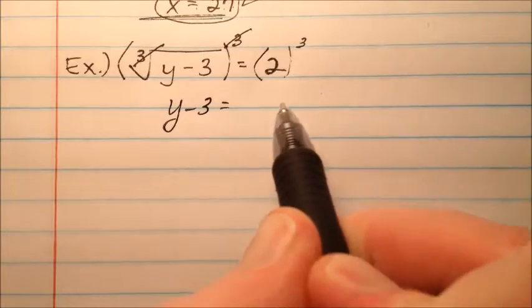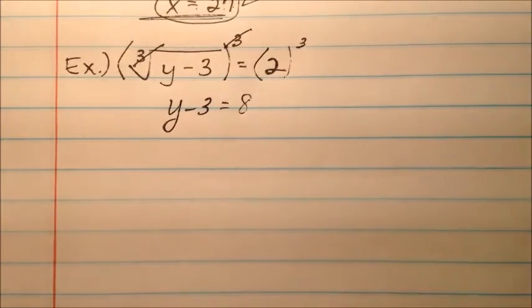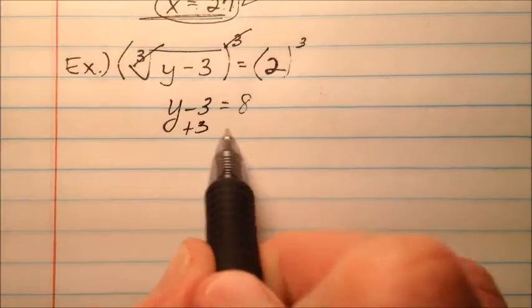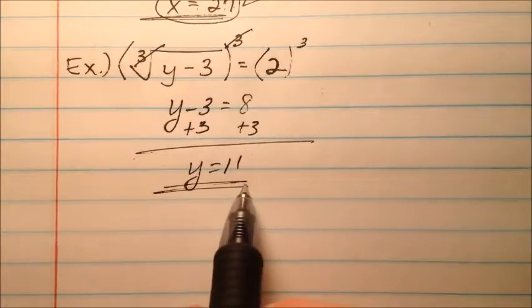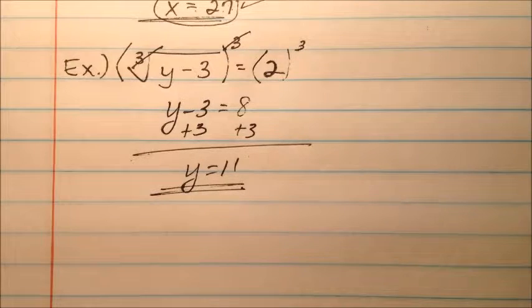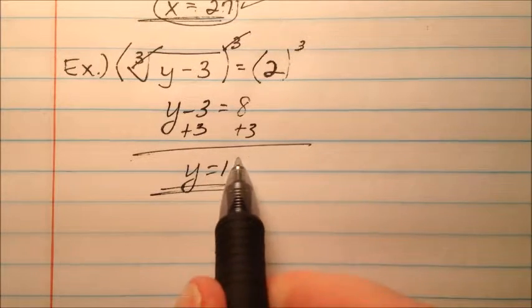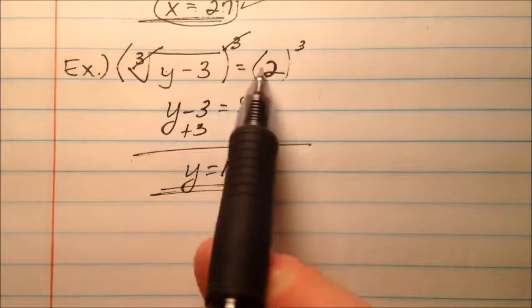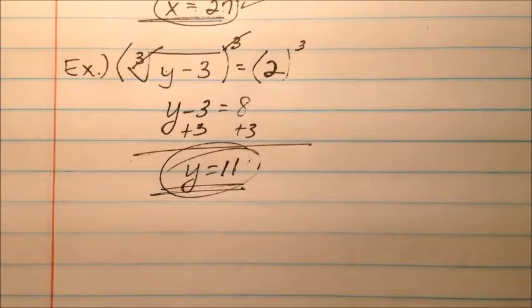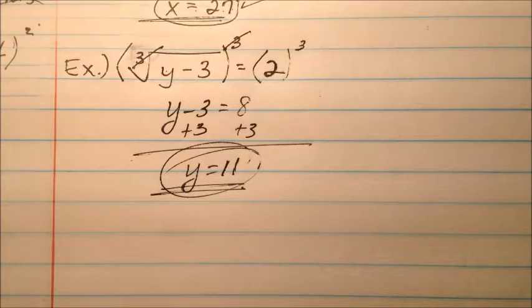So I have y minus 3 equals 2 cubed, which is 8. Then when I add 3 to both sides, I get y equals 11. But like I mentioned before, you always need to plug your values in to see if they work out. So 11 minus 3 is 8, and the cube root of 8 is 2. So that one works out just fine.